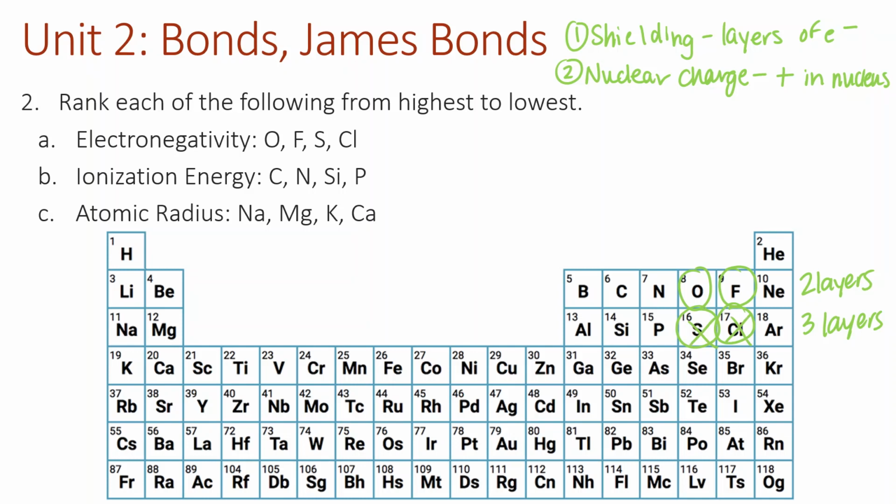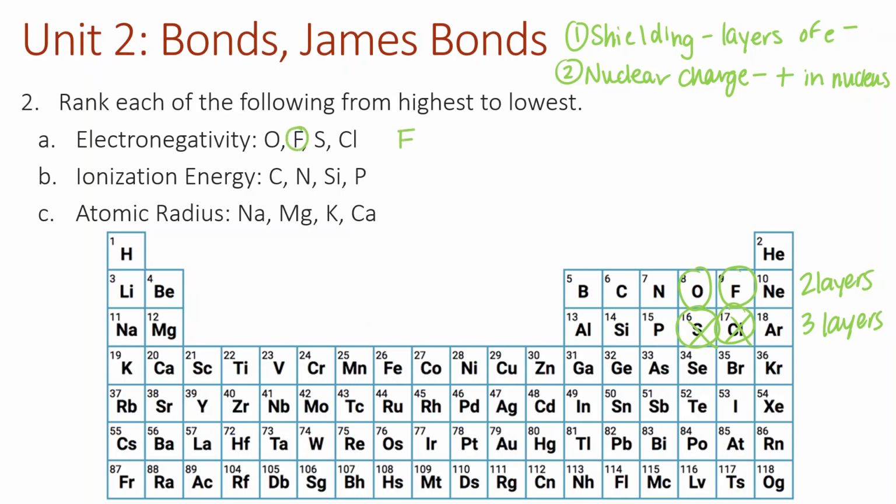So then between O and F, they both have two layers, meaning that shielding is constant. So the thing that's different about O and F is the charge on the nucleus. The nuclear charge in F is +9, whereas in oxygen, it's only +8. So the highest electronegativity then is going to be F.